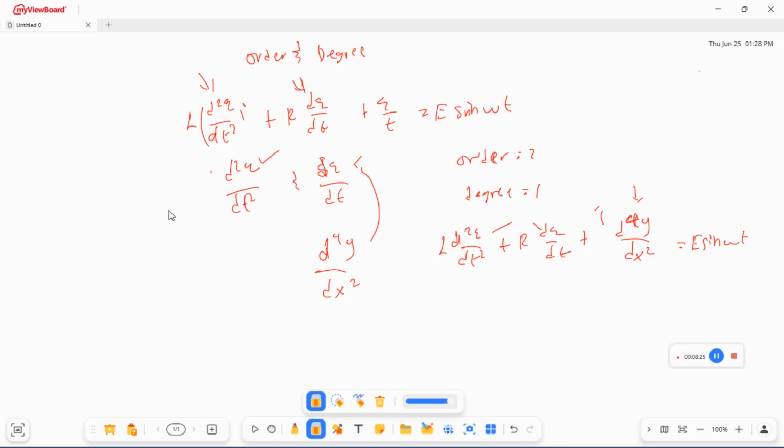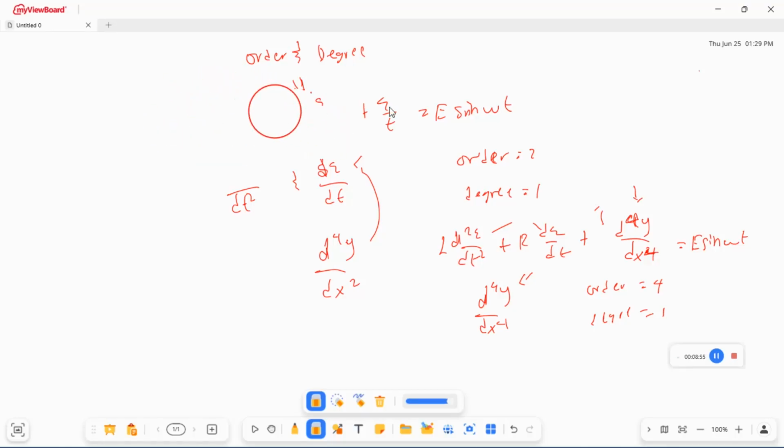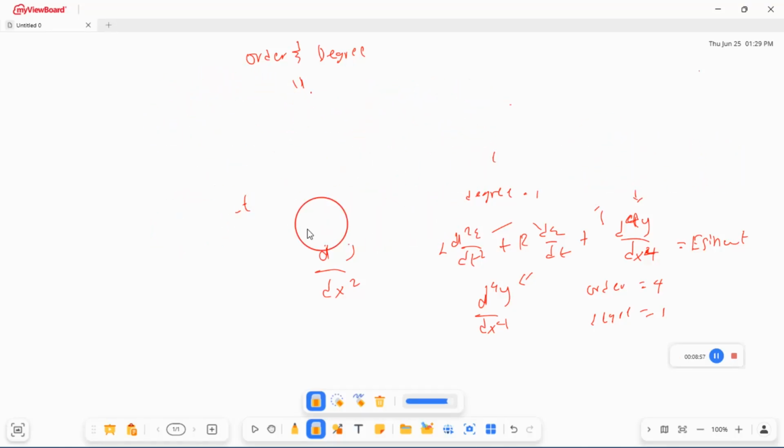So because d⁴y/dx⁴ is the highest differential coefficient in the question, that's where you're going to get your order and degree from. Your order here is going to be 4, because we differentiated 4 times to arrive at this point, and then our degree again is going to remain 1 because this is only raised to the power of 1, right? And now we're going to look at one more question.